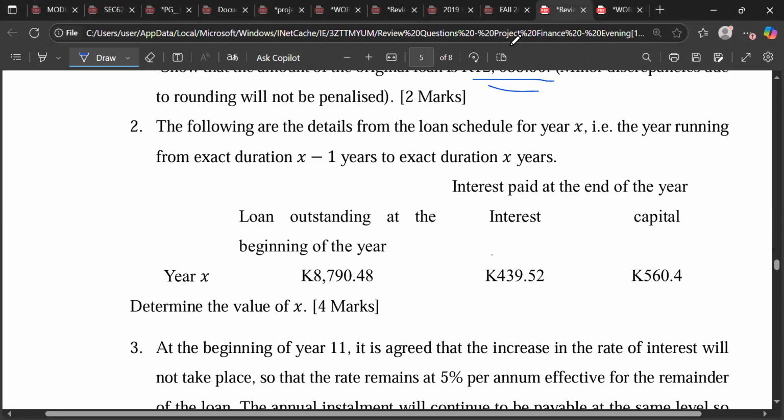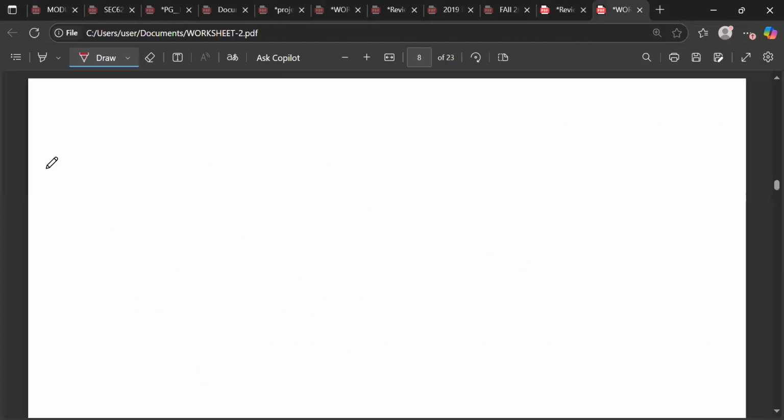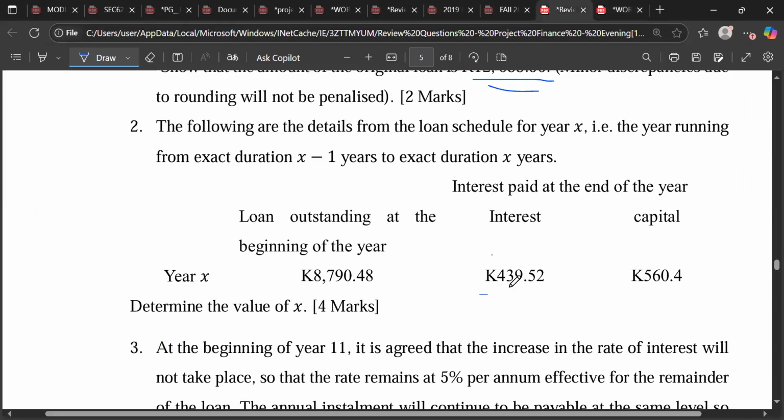how do you get interest? We say interest is equal to principal times the rate, right? But we have this interest given to us initially. We're already given the interest paid, 439.52, the one that's here.